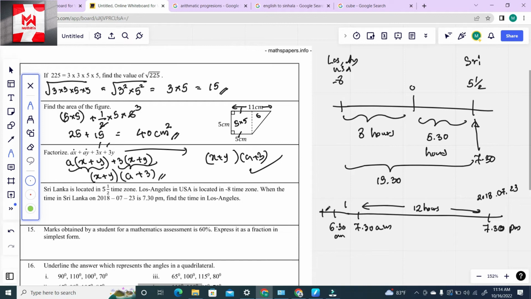Another 30 minutes, the time here is 6 a.m. Okay, I think you can understand now. Therefore the time is 6 a.m. Okay, you also write the date.